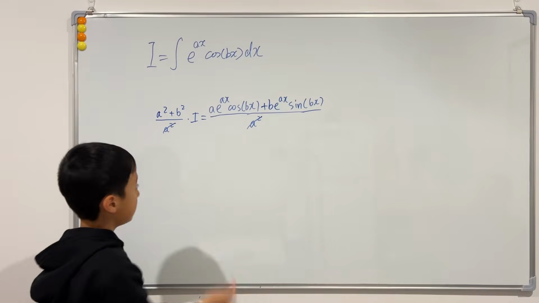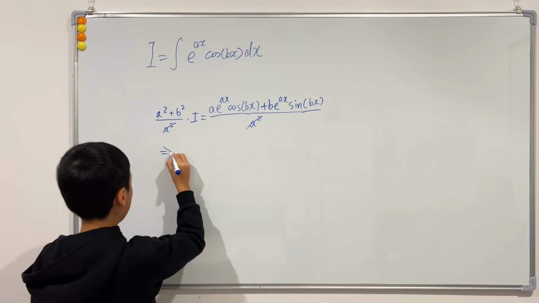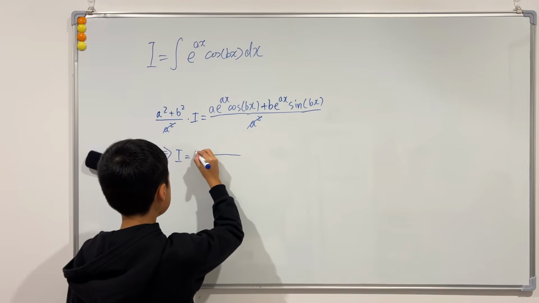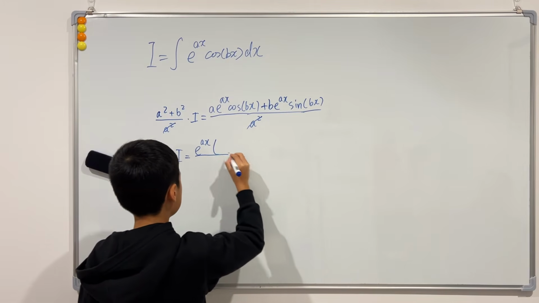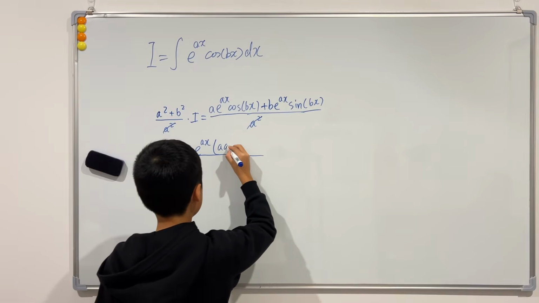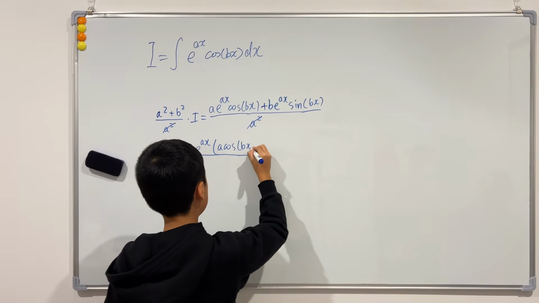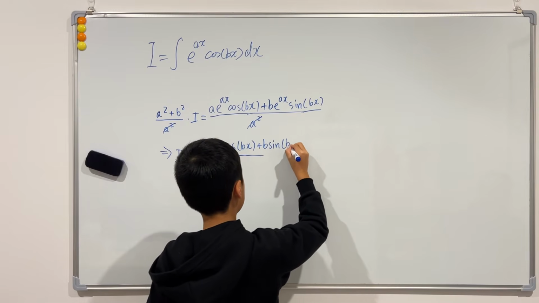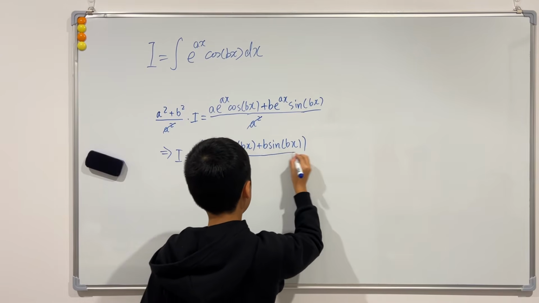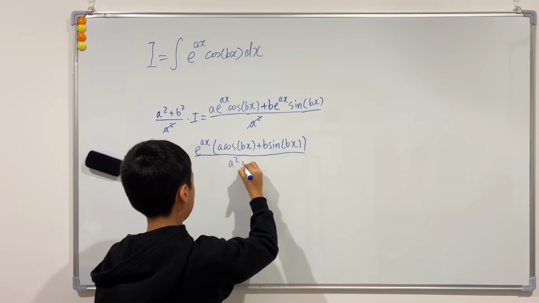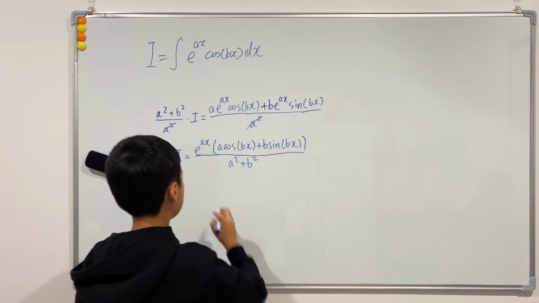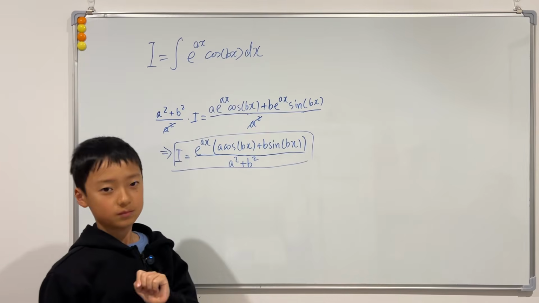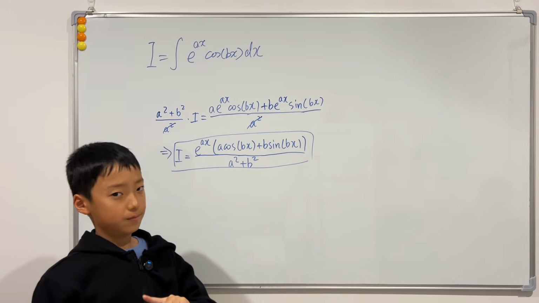And then we can just divide this. So we can see that I is equal to, we can also factor out e to the ax. So the inside just becomes a cosine of bx plus b sine of bx. And the bottom is a squared plus b squared. Done. So this is method 1.